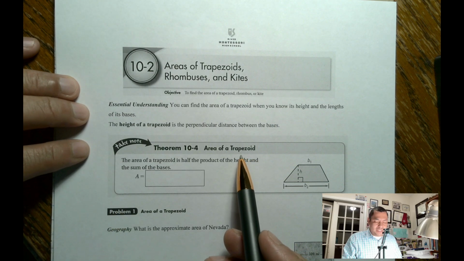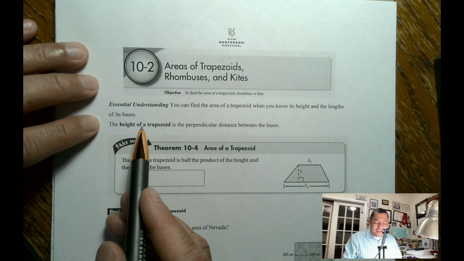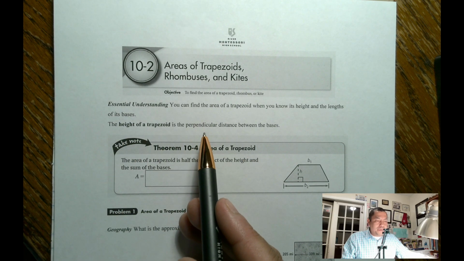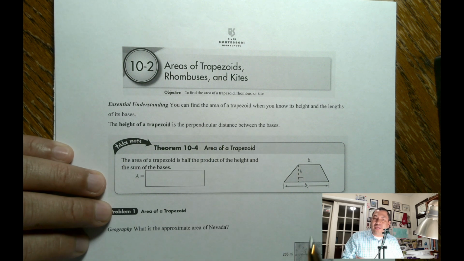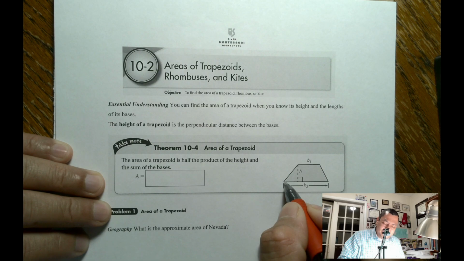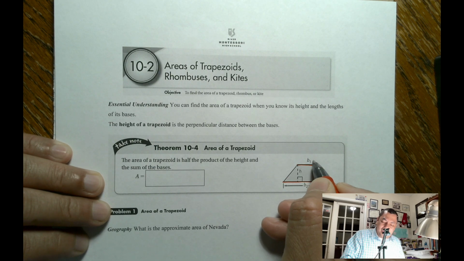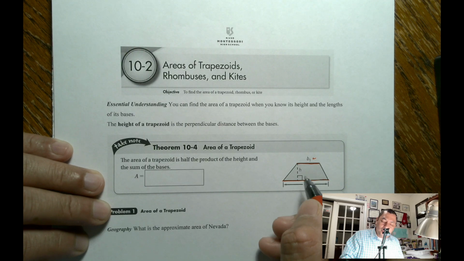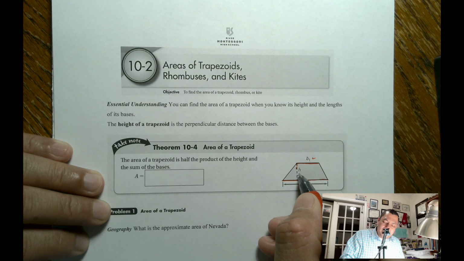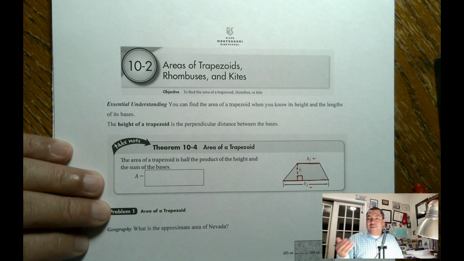But before we state the theorem, remember that the height of the trapezoid is the perpendicular distance between the bases. In this case, we're going to call these two segments the bases: I have base 1 and base 2. And the height is this perpendicular line between the bases.